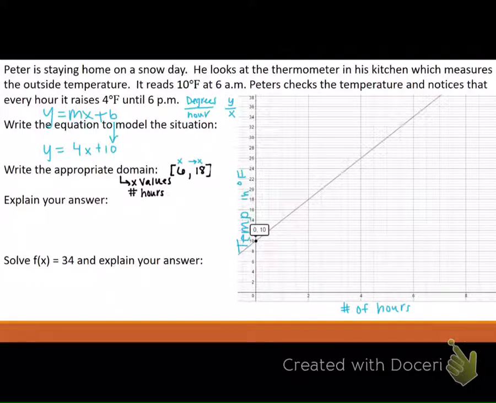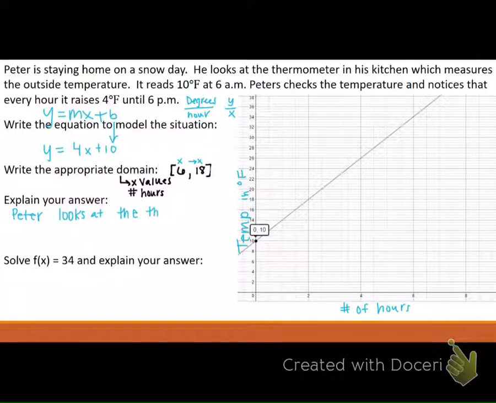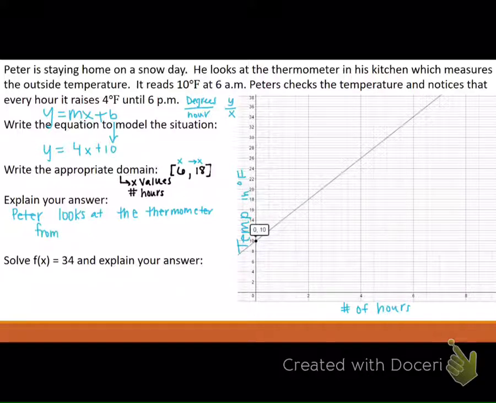Peter starts looking at the thermometer at 6 a.m. and keeps looking at it until 6 p.m. That's what that means. So 1,800 hours is fine if you want to say it that way. So Peter looks at the thermometer from 6 a.m. to 6 p.m.